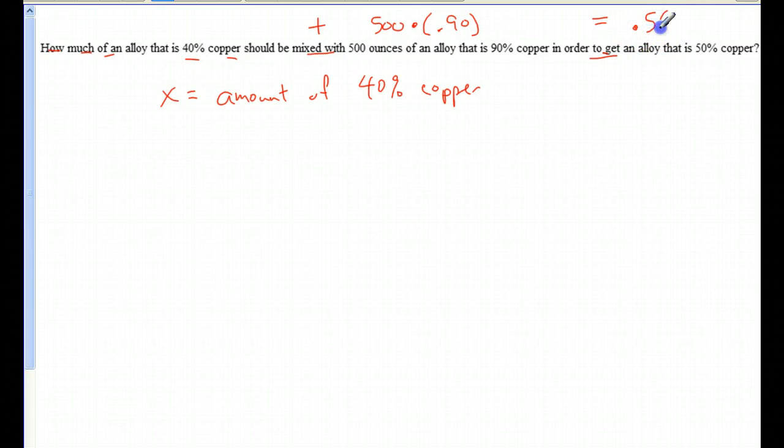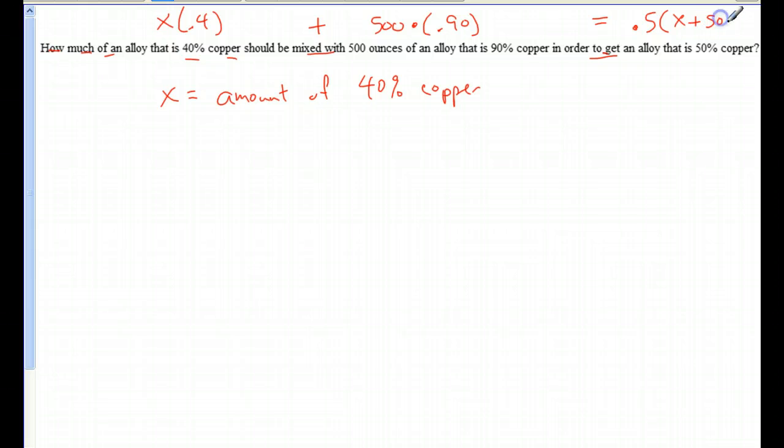So 0.4 is our percentage here, so 0.4 times X, because that's what we don't know, plus this equals 0.5 times the total, X plus 500.